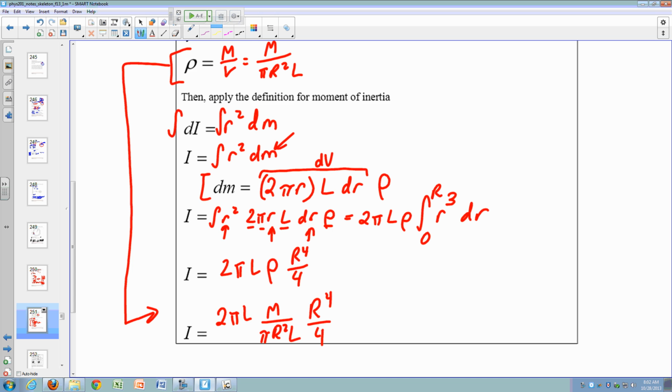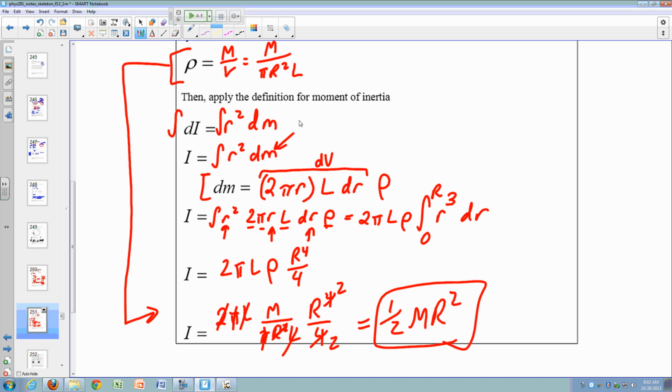Let's see, I get an r squared out here, and I get rid of my pi here and here, my L there and there. I have a 2 there, so that becomes a 2. And I'm left with 1/2 mr squared. So if I want to know the moment of inertia for a cylinder that's rotating about its central axis, it's just going to be 1/2 mr squared.